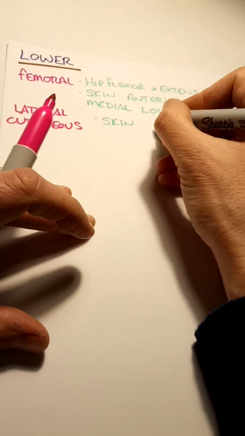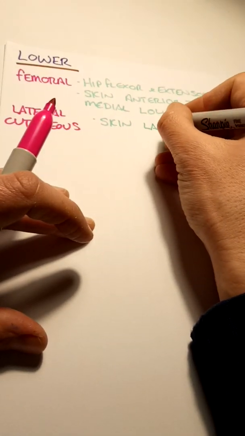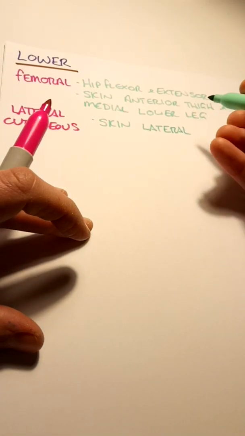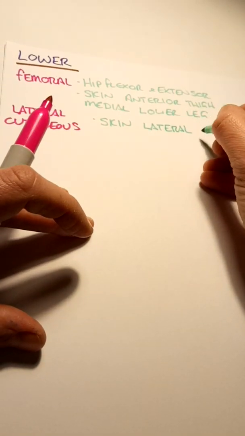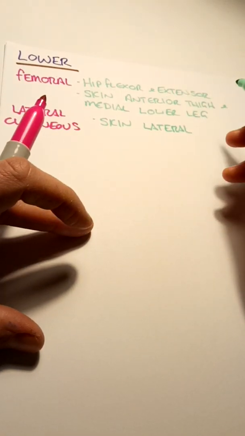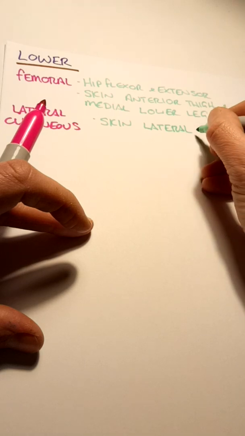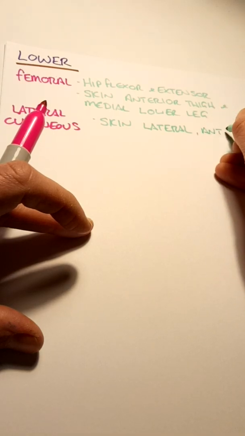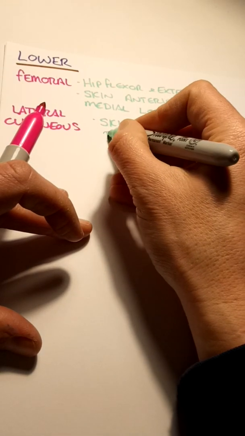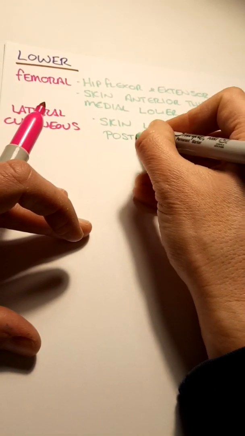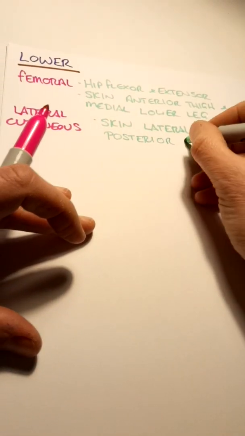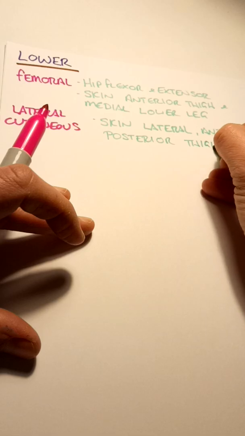Well, actually it's lateral, anterior and posterior thigh, which spells lap: lateral, anterior, posterior. So, on your lap. So skin over the lateral, anterior and posterior thigh is your lateral cutaneous nerve, sorry.